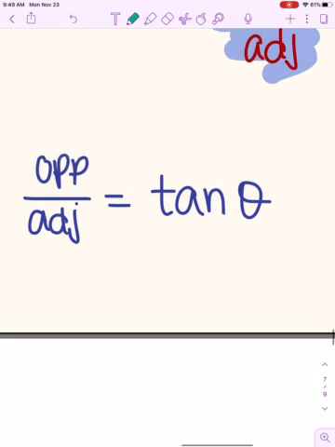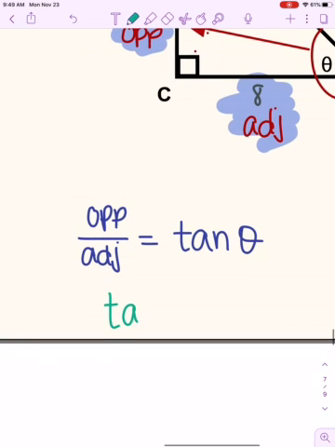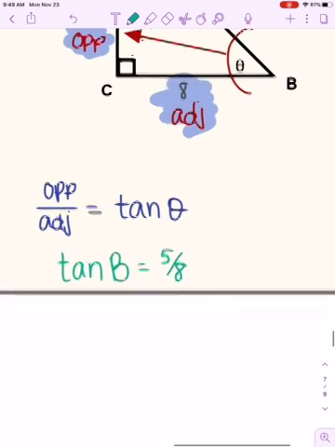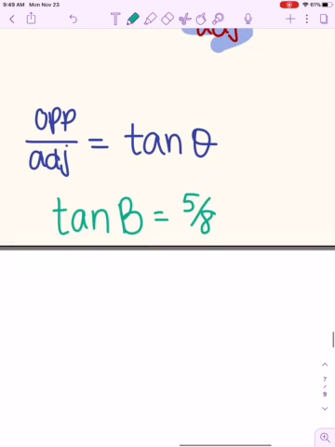So we're going to be using tangent, but this time when I set it up, tangent theta, I do not know angle B. So I'm going to say tangent B equals opposite over adjacent. Opposite is 5 and adjacent is 8, so I just set up the proportion. 5 divided by 8, if I divide it out, that's 0.625.